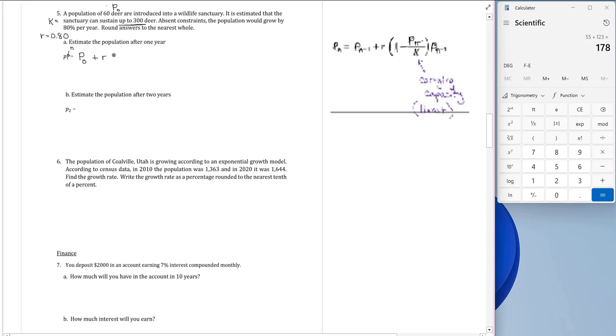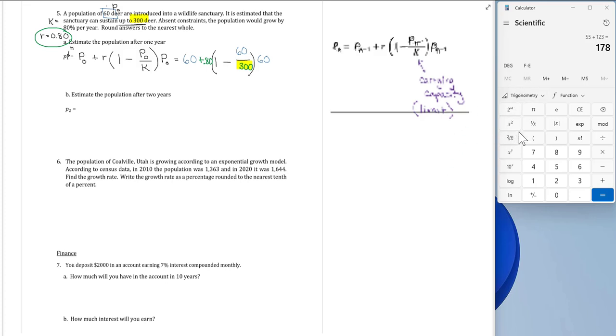Plus r times by 1 minus P sub 0 over K, and then multiply it by P sub 0. Now let's plug in our knowns. Since P sub 0 is 60, I'm going to put 60 in each of those P sub 0 locations.